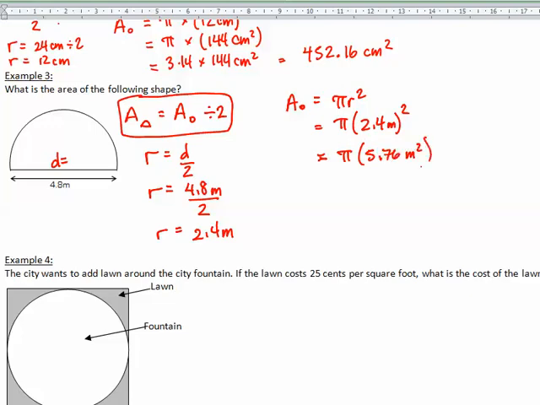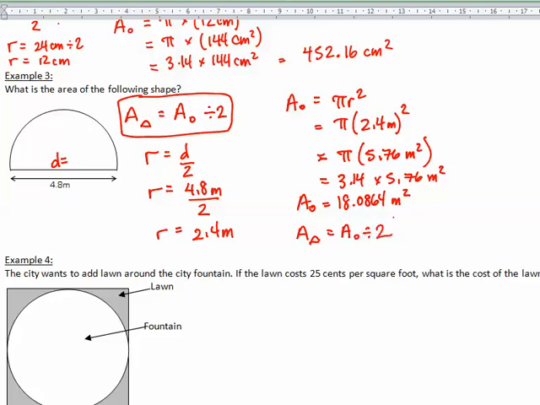5.76 meters squared. And then, so this is 3.14 times 5.76 meters squared, and I end up getting 18.0864 meters squared. Now that's the area of the full circle, and if we remember what I drew at the very beginning, the area of a semicircle is calculated from the area of the circle cut in half.